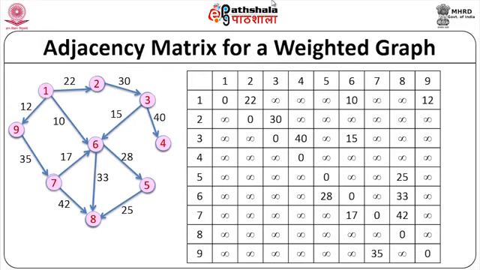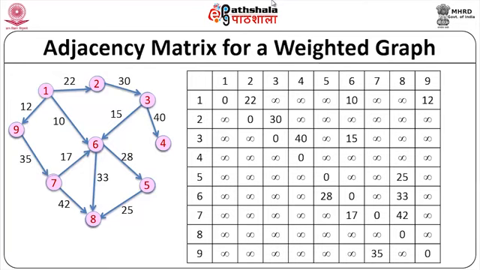So this is an adjacency matrix for a weighted graph. If you see here, the zeros correspond to a vertex to itself. All the others are normally written with infinity, but for the connected nodes, for example 1 and 2, 22 is the weight there. This is a directed graph also.